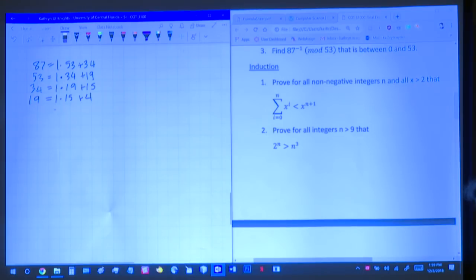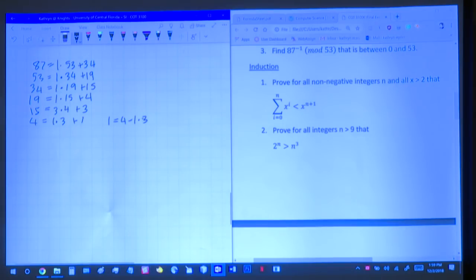Sorry, I skipped one. 15 equals 3 times 4 plus 3. 4 equals 1 times 3 plus 1. So we'll stop here, and then we'll rewrite everything again.